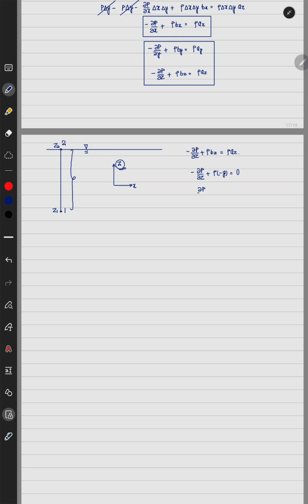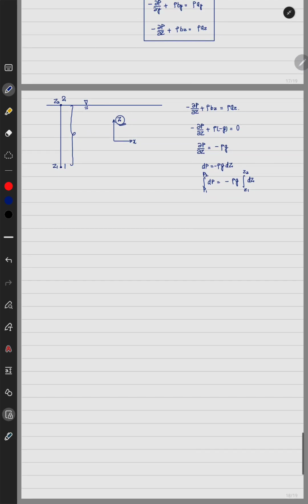Now del p by del z is equal to minus rho g. So dp is equal to minus rho into g into dz. Now integration from p1 to p2 will give minus of rho into g into the integral of dz from z1 to z2.